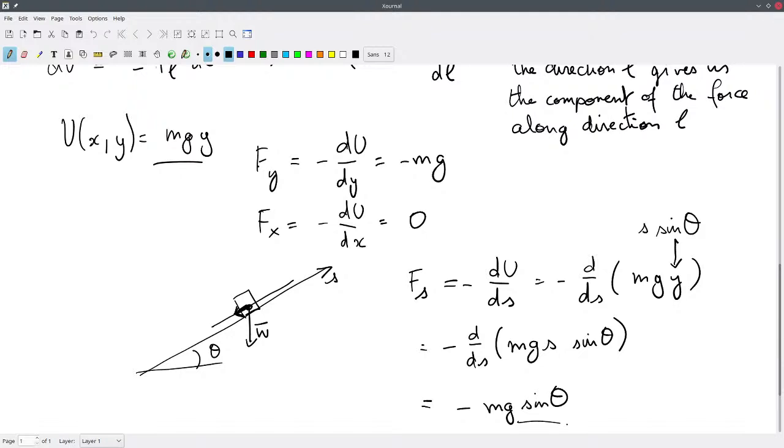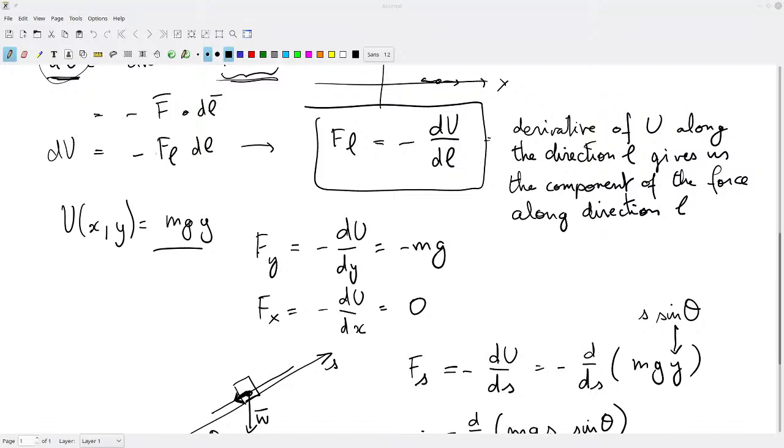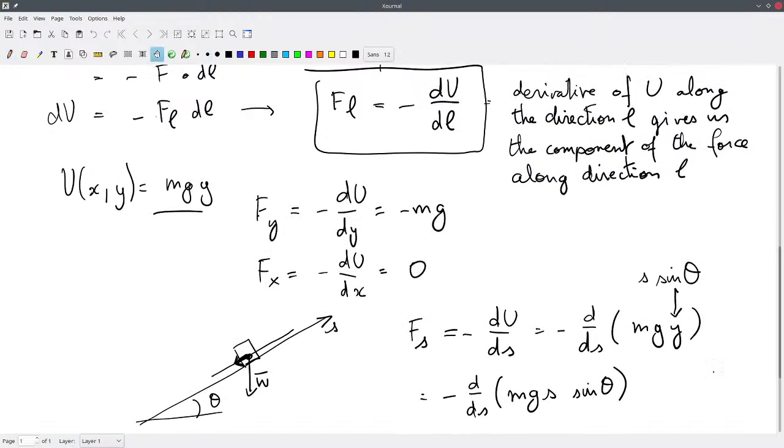So this expression becomes very powerful because it allows us, for any potential energy, to determine from that potential energy in which direction the force will point, and what the magnitude of the force will be. And of course we can apply it to any potential energy.